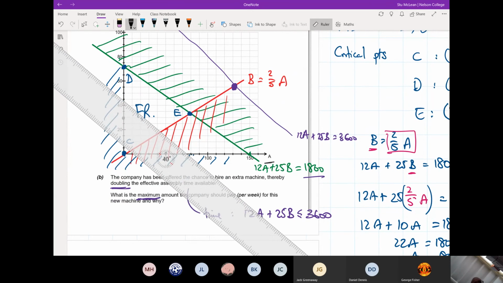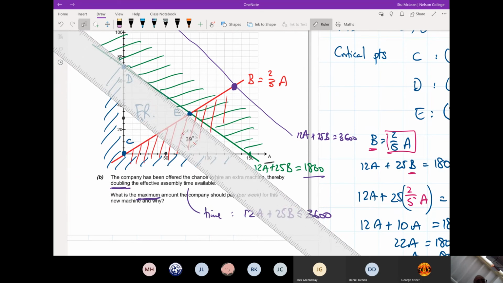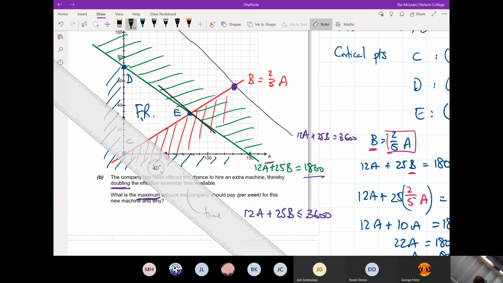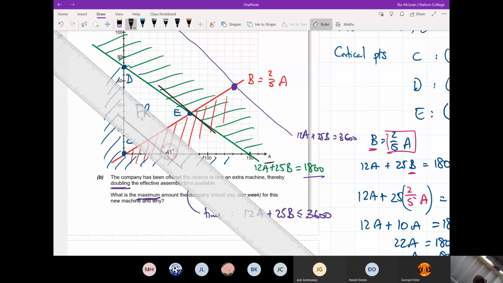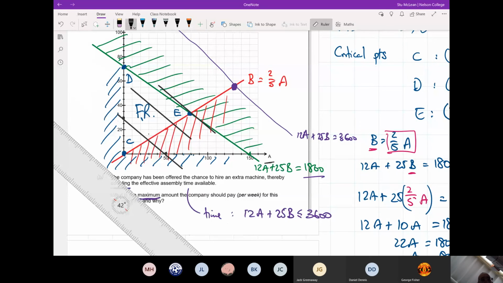Okay, there we can see as that line moves up and out, it leaves here. There's my maximum, there's my profit line. And with the moving line approach, I keep it up on that same gradient. I've moved it up and out, and it leaves there.